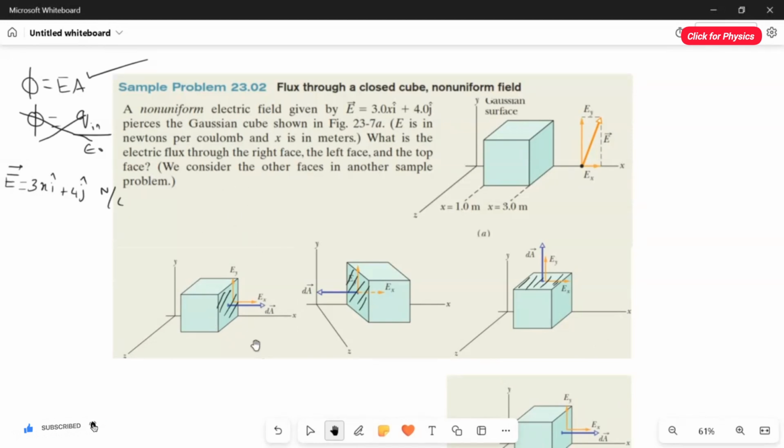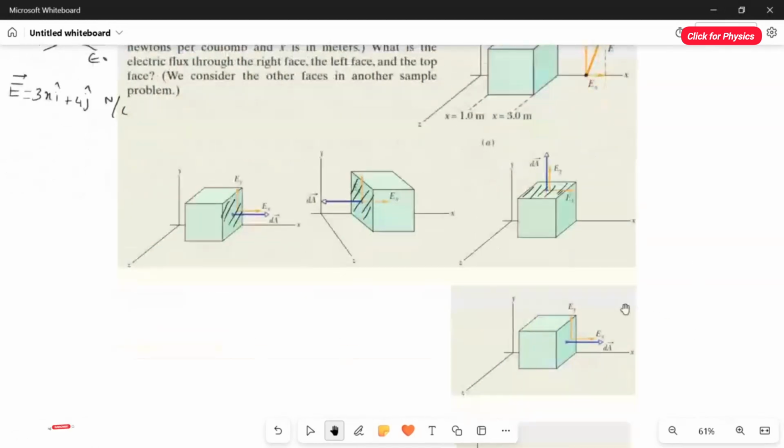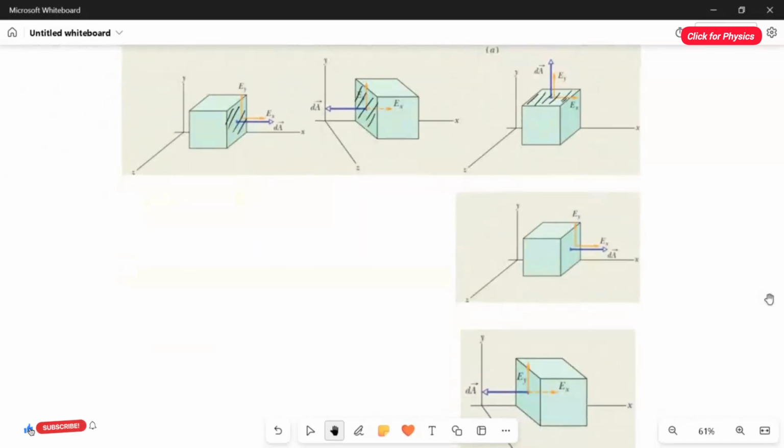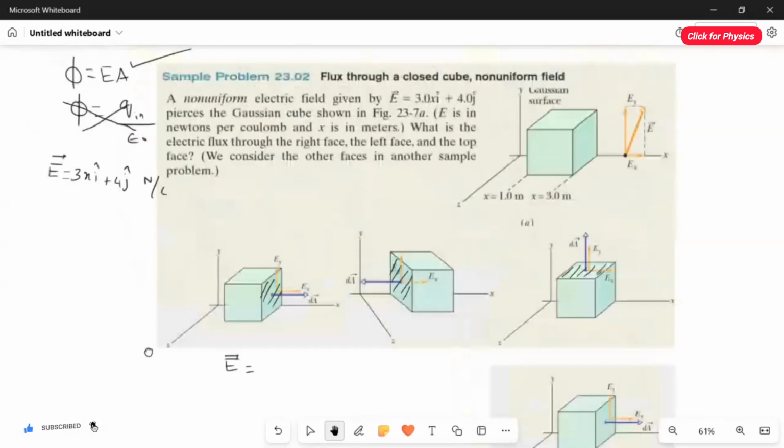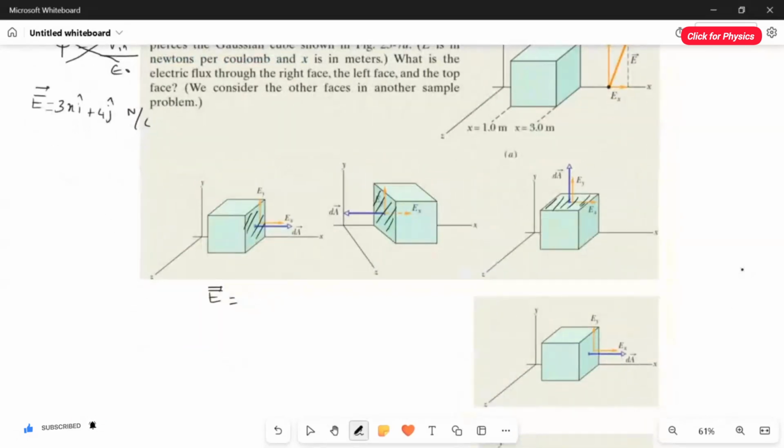So now let's go one by one. First I am going to find the flux coming out of the right side of the Gaussian cube. Clear? So let's write the given one more time. The electric field vector is given here as 3x i cap plus 4j cap, newton per coulomb is the unit for electric field.